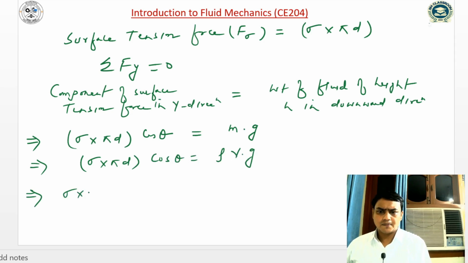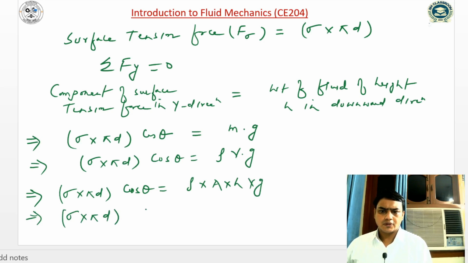So sigma into pi into d cos theta is equal to rho into volume, which can be written as A into h into g. So sigma into pi into d cos theta is equal to rho into h into area, which is pi by 4 d square, into g. So pi cancels, d cancels.